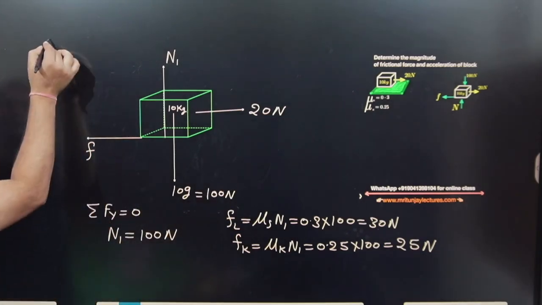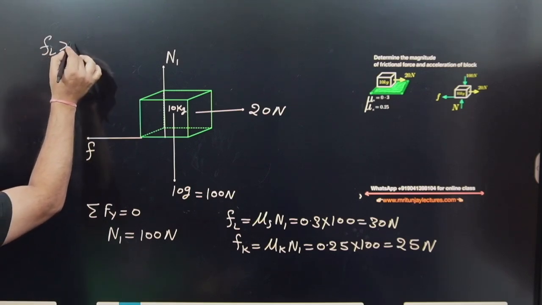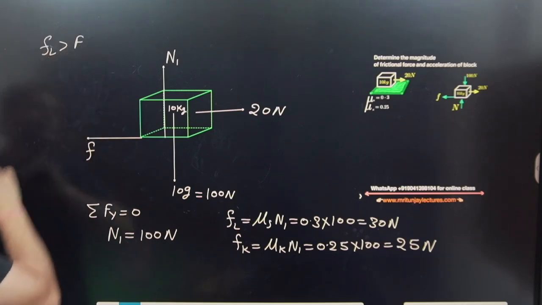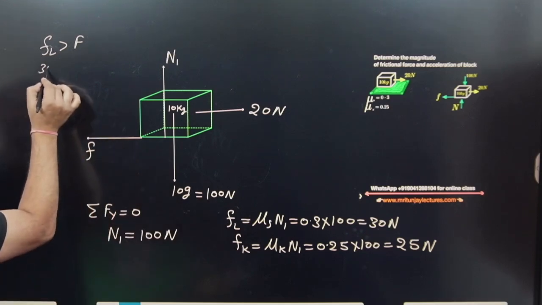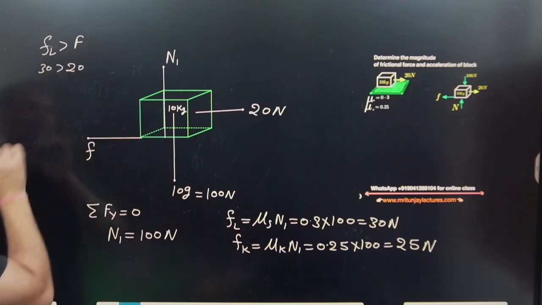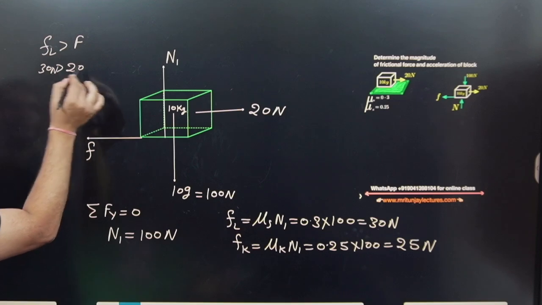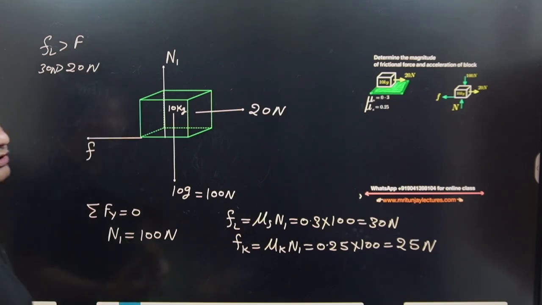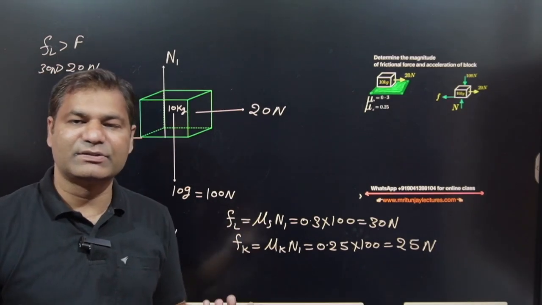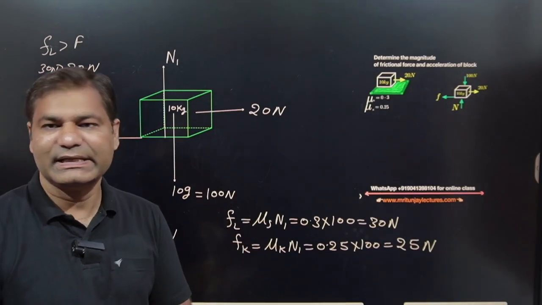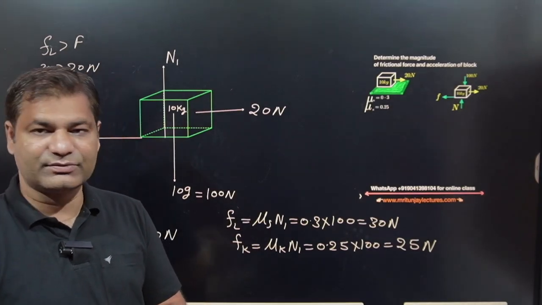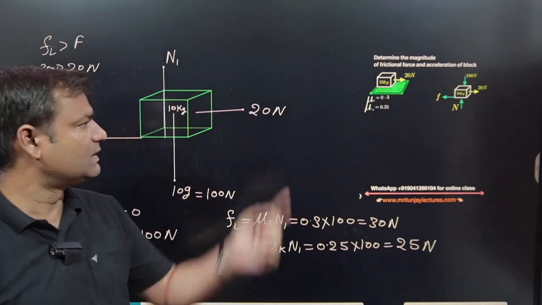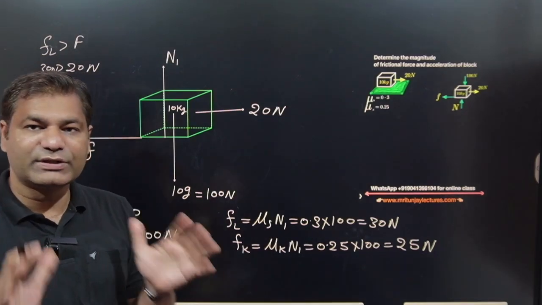Here FL is greater than applied force because this one is 30 Newton and this one is 20 Newton. Okay. So is this block moving or not? Not, because limiting friction, or you can say the maximum frictional force, is greater than the applied force, 20 Newton. So this block is not moving.